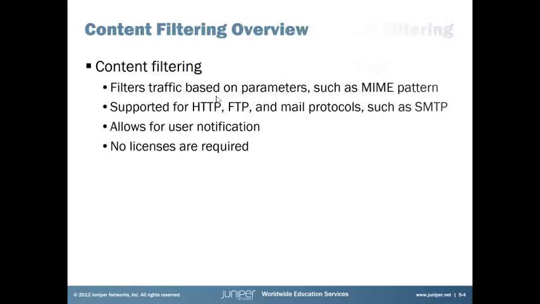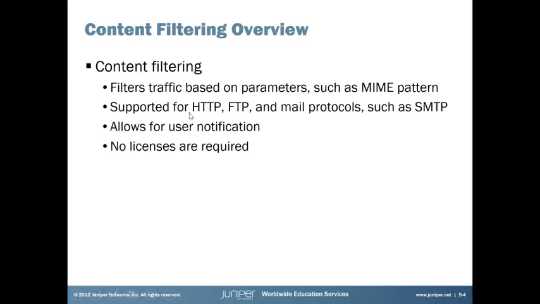Alright, an overview. Content filtering filters traffic based on parameters such as the MIME pattern. MIME is a description of content, different types of content that comes through mail quite commonly, but it just describes content in general. Supported for HTTP and FTP and mail protocols such as SMTP.